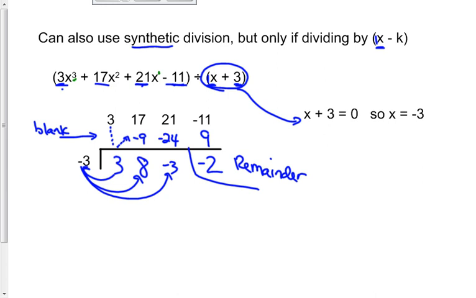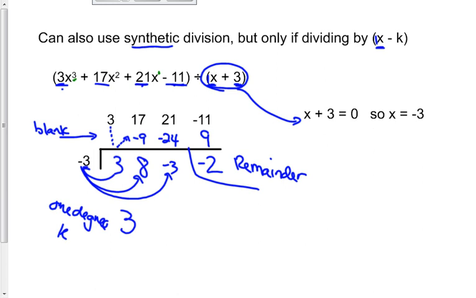But now you have to decide, how do I write this answer? Each of these numbers that I've got here, 3, 8, and negative 3, are always the numbers in the front of my x's. So this 3 would be the number in the front of my first x term. Well, how do you know what x term it's going to be? You're always going to take 1 degree less than whatever the problem started with.